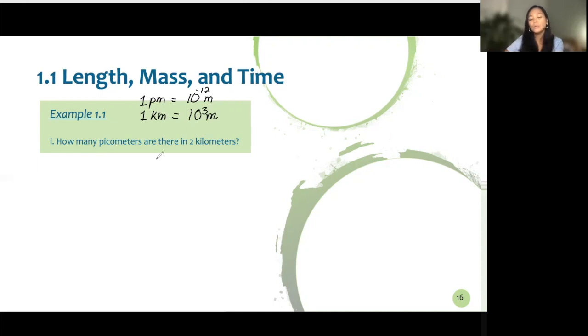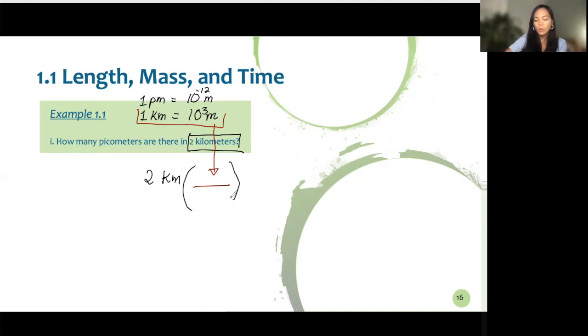Now let's go to conversion. First, you write the 2 kilometers. And then you write the conversion unit. So we have this conversion unit, you put it here. Now you will decide, which will you put in the denominator?